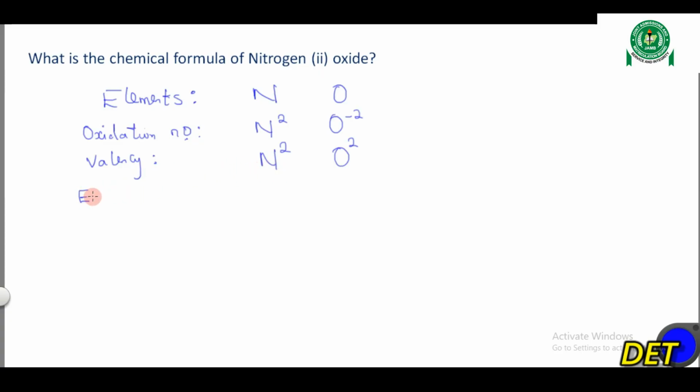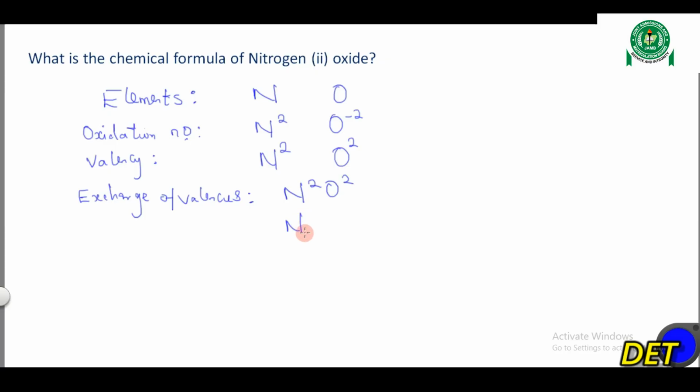So the next thing is to exchange the valencies. If I exchange the valencies, it's both 2 and 2. So 2 goes this way, 2 goes this way. I will still have N2O2, right? Then the next thing is to write the valencies down.